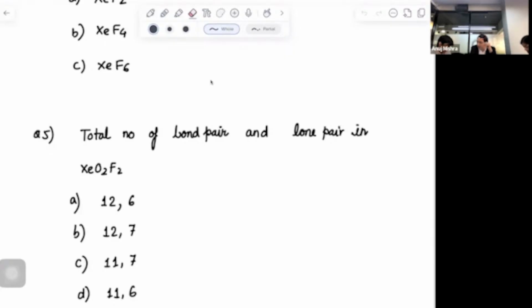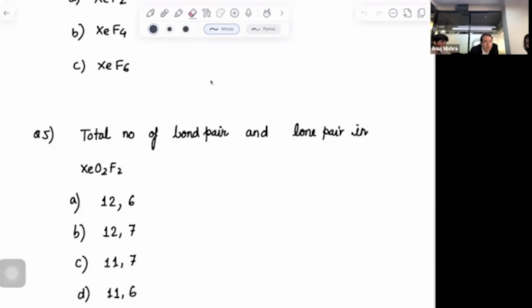C, 13 lone pairs, how? So 1, 2, 3. 3 lone pairs, 3 lone pairs, 3. Why? Okay. How many electrons are there? That's it. 3, 3, 6, 6, 2, 8, 9, 10, and 11. So D. 1, 2, no. 3, 4, 5, 6.